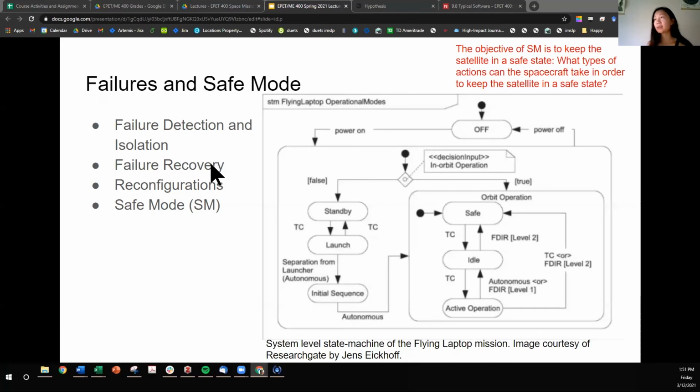Failure recovery is the step after failure detection, where once you've isolated a problem, then you can rectify that problem.